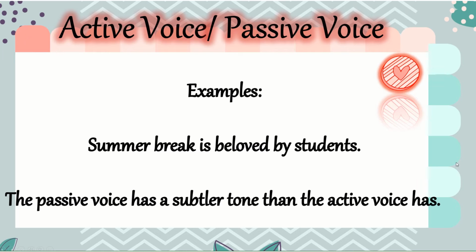The passive voice has a subtler tone than the active voice has. Sometimes your writing needs this tone, like when you want your reader to focus on the action being described or the verb's direct object, which becomes the subject of the sentence, rather than on the noun performing the verb.